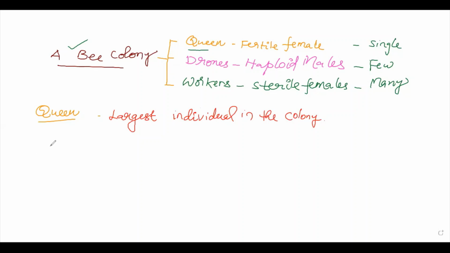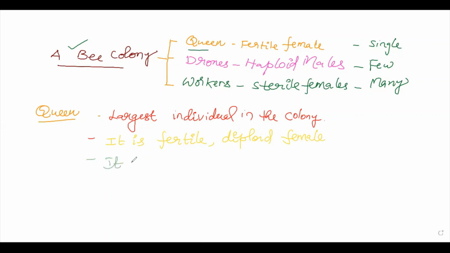And we said it is the only fertile female. It is the fertile diploid female in the colony of honeybees. In an entire colony, the queen is only one, and it is the only egg layer.